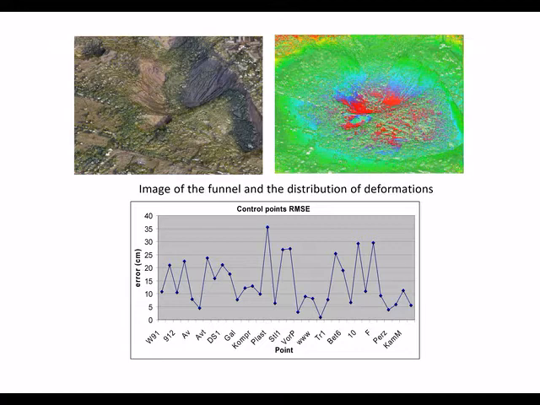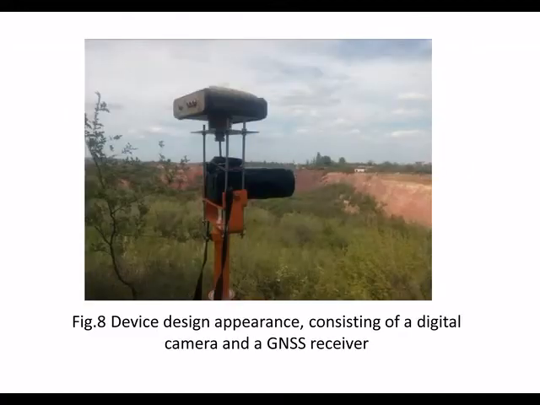For this, a design of the device was developed which allows determining the coordinates of the photographing station with an accuracy of 5 to 15 millimeters depending on the observing time, PDOP, and distance to the base. The device is designed on the basis of a Canon EOS 750D digital camera and a Topcon HIPER plus GNSS receiver.